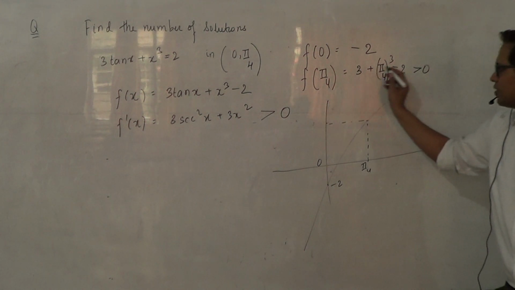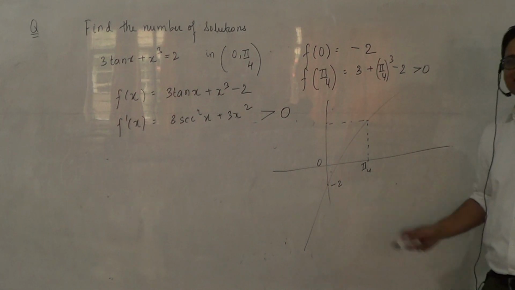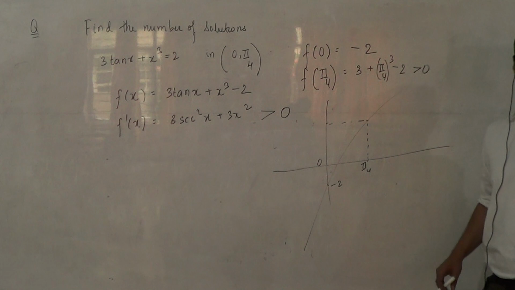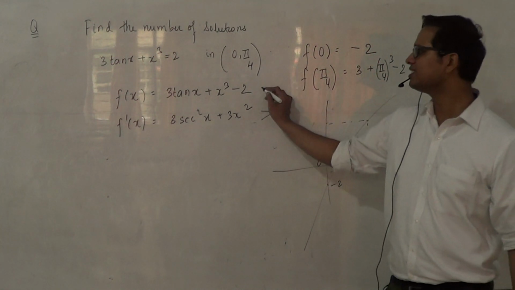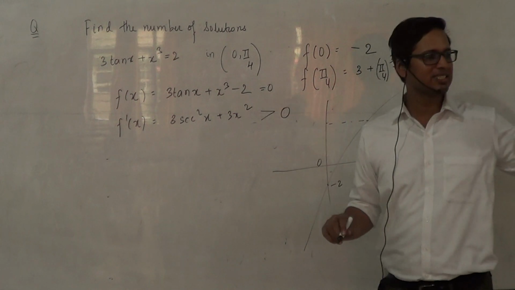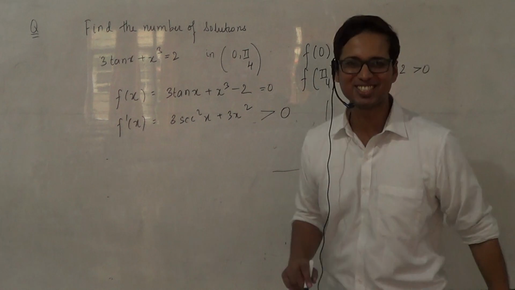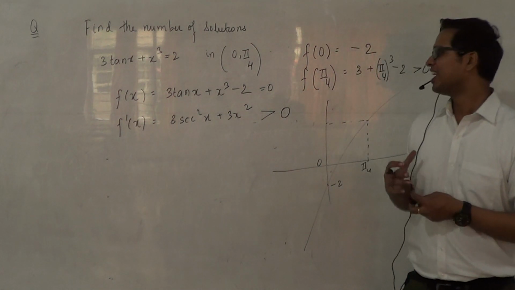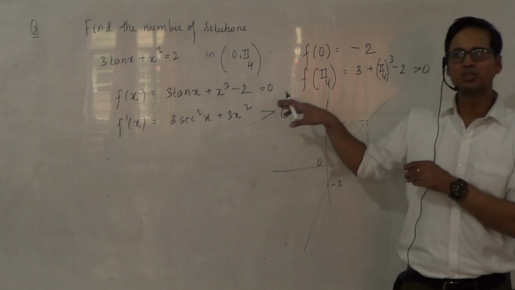I don't know exactly what that number is. So this function will cut the x-axis at how many places? Only at one place. That means this function will be 0 only at one place, and therefore this equation will have only one solution.